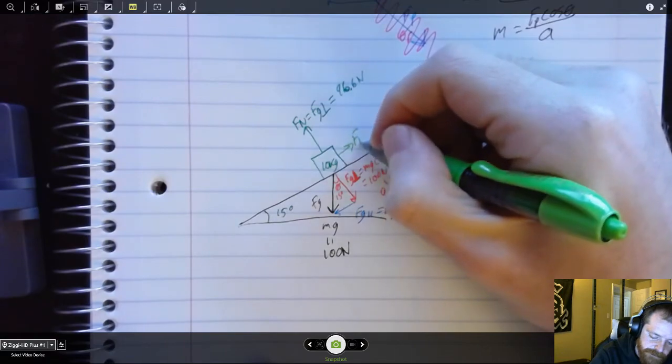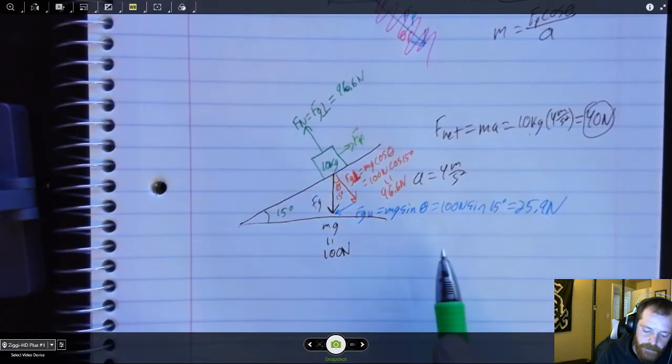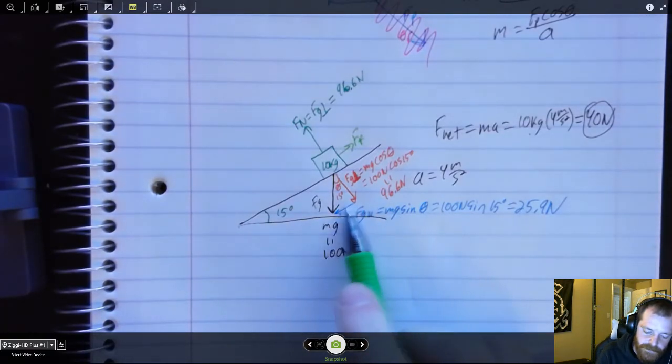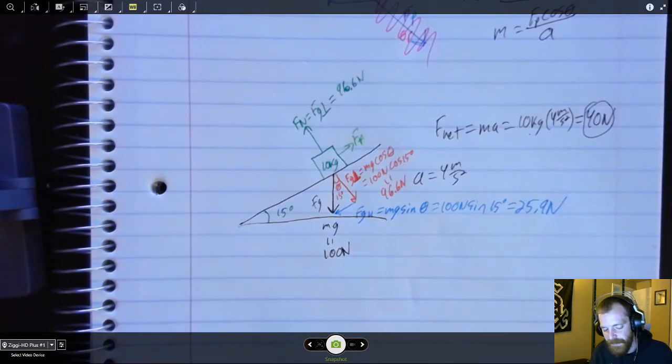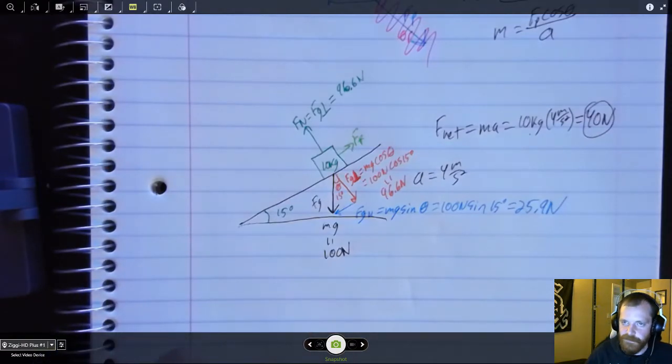I'll call that F sub F. Technically, I could calculate F sub F based on the numbers I gave you, but the math I don't think is going to work out perfectly because I'm just making up numbers as I go along to show you the algebra. So it'll have to be good enough.